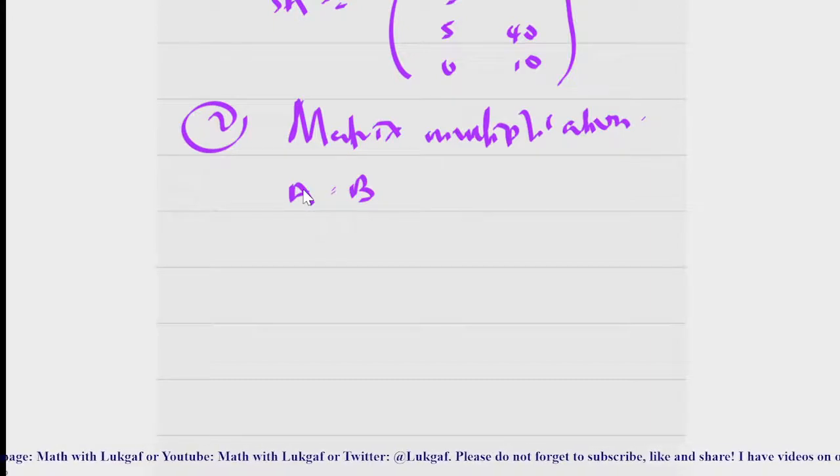To multiply two matrices together is not difficult. You will still be multiplying, but a slight difference from your normal multiplication is that before you can multiply two matrices together, those two matrices must be conformable.